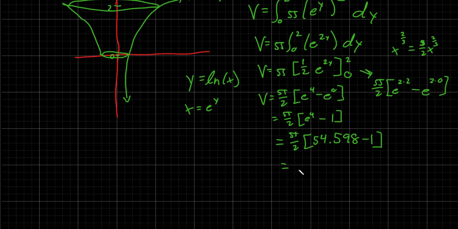Alex, what did you get? We got a very large number, minus 1. So now I have pi halves, 53.598, which should equal 84.191.